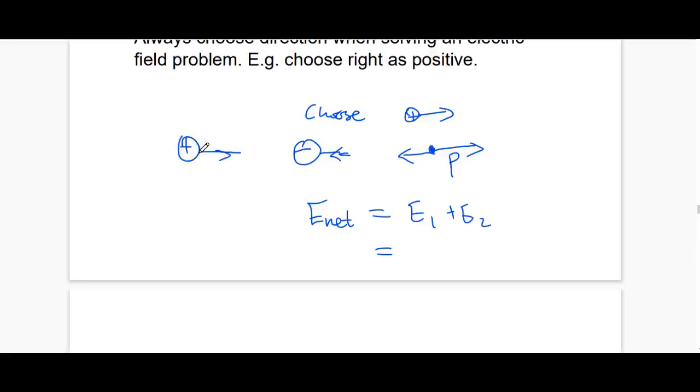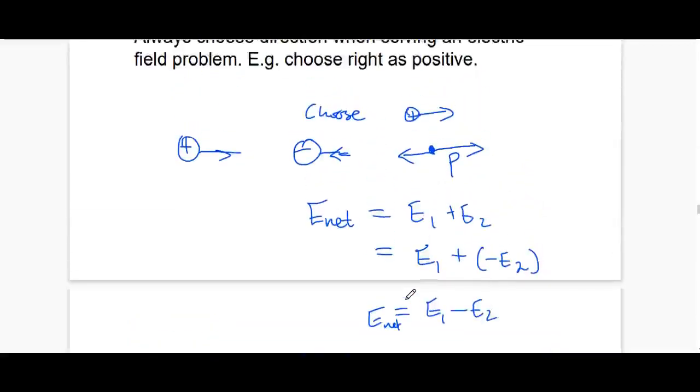This one is towards the right, and I say the right is positive, so it's going to be E1, plus E2. E2 will be this one, which is towards the left. It means the left is negative because I chose right as positive. So I'm going to have negative E2. Okay, so you will see that I will have E1 minus E2. This is my net electric field.